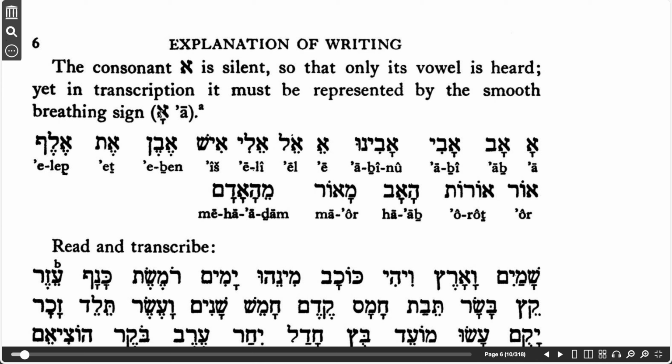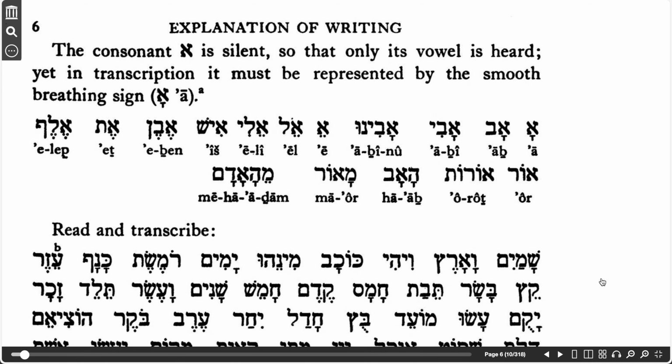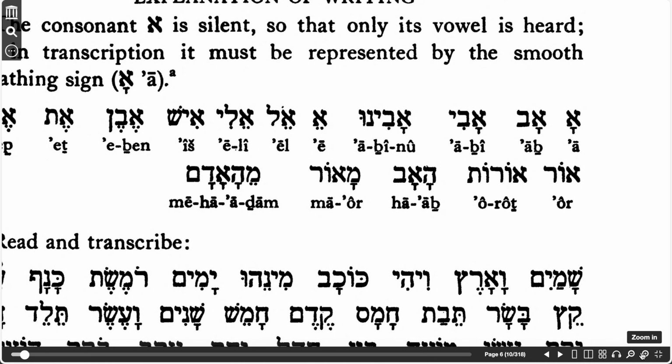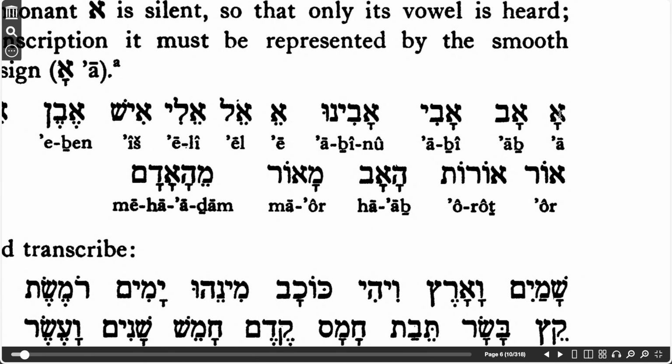So you see aleph with the kamats, the long A sound, you would write the transliteration from left to right. So you'd have the smooth breathing plus the long A. Let me zoom in just a little bit more. See, it's a silent letter, but you say, wait a minute, is that really a syllable? Yes, because even though it's silent, it's still a consonant. It just doesn't have a vocalized sound to that consonant.